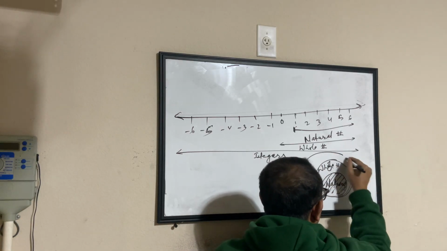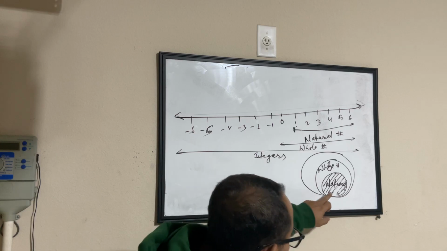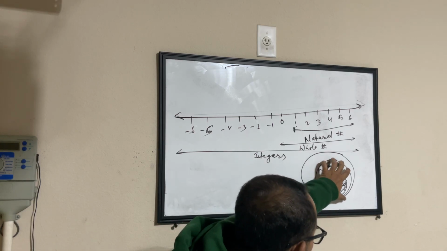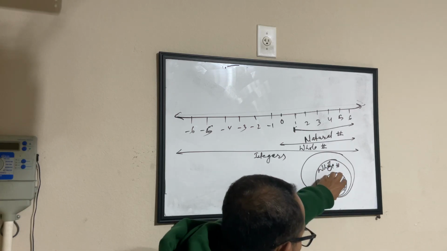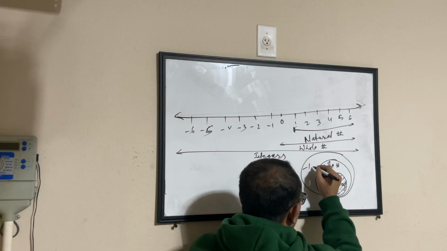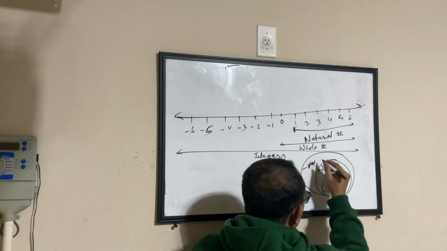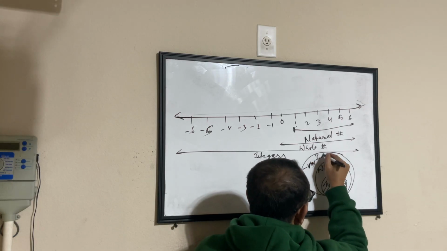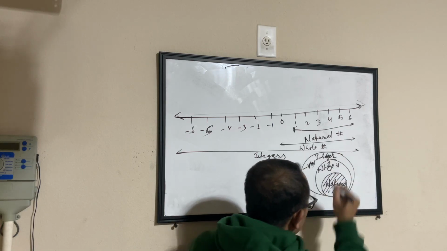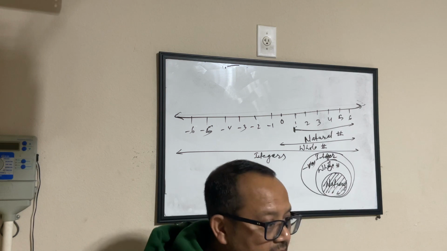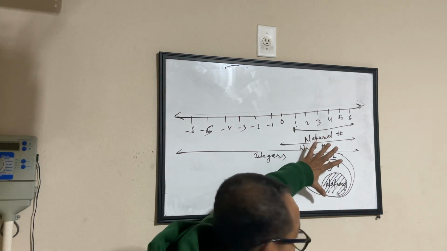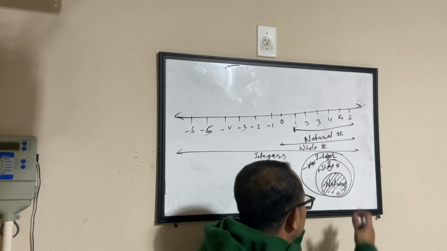And if I look at this bigger circle, meaning natural number without a 0, including 0, this bigger circle became whole number, which includes the natural number inside it. And then here you have negative numbers, and this became this bigger circle, integer.